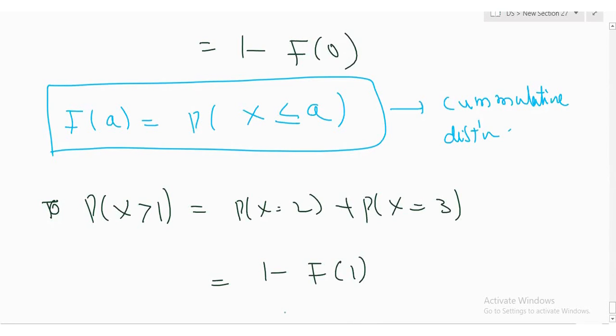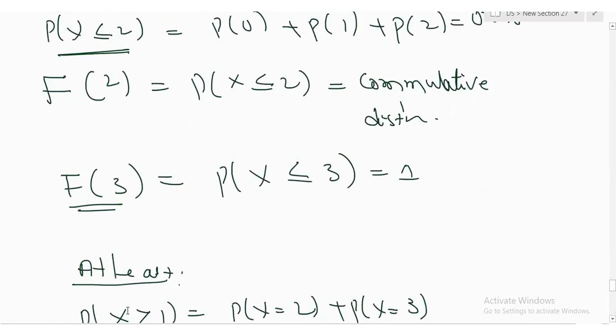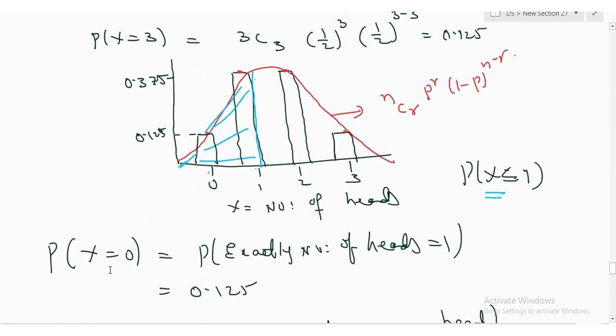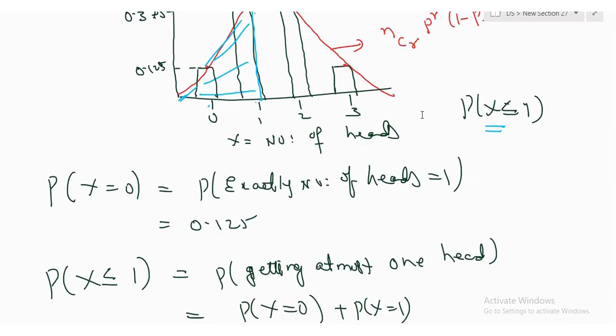Getting all the tails. What is that probability? That is nothing but this one. My mistake, I had written it wrongly.